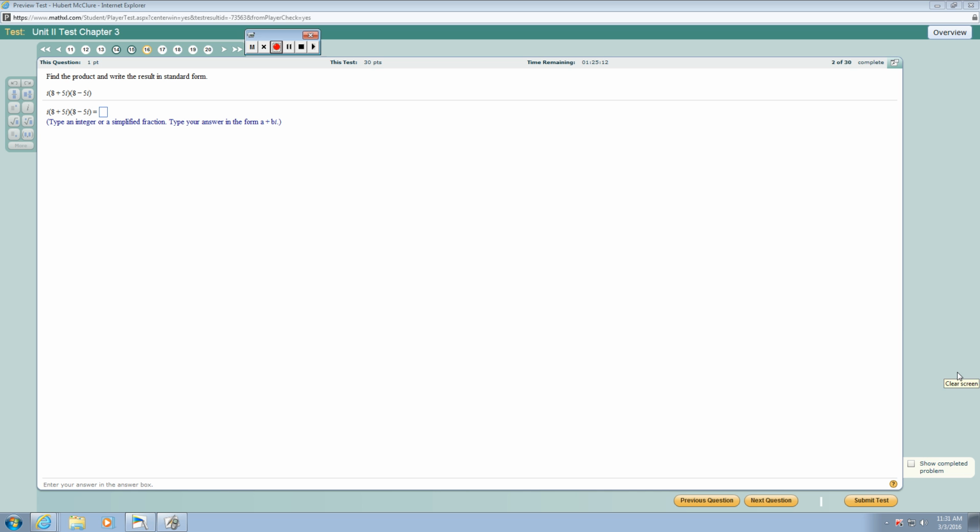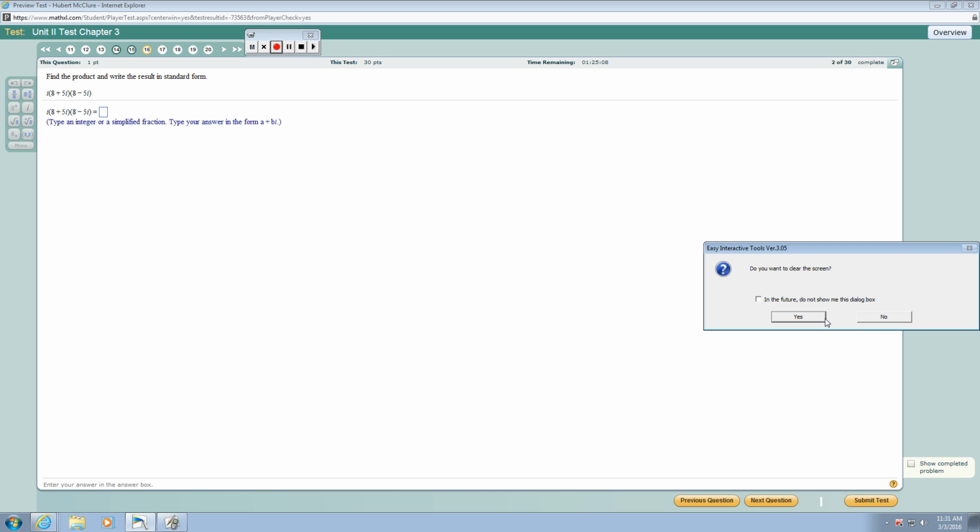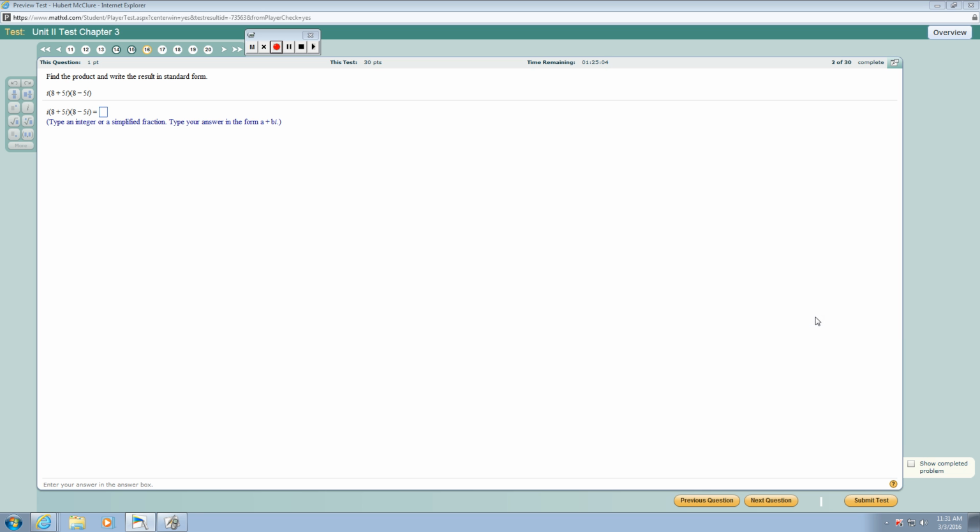i, parentheses, 8 plus 5i, 8 minus 5i. Now this one shouldn't take very long. Why? Because shortcut number what? Shortcut number 3. 8 plus 5i and 8 minus 5i.